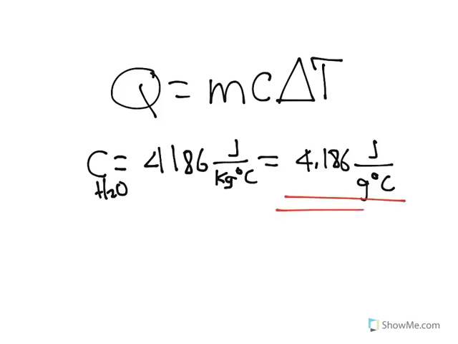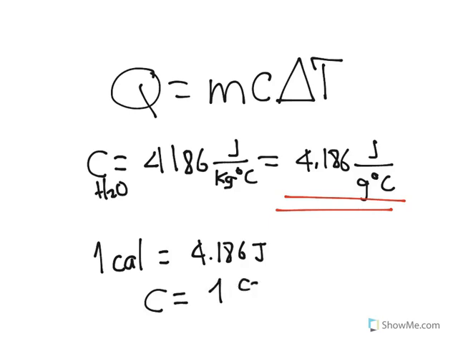And this might look familiar because that is actually how the calorie is defined: 1 calorie is 4.186 joules, the amount of energy which is going to be transmitted to water. So the heat capacity is also 1 calorie per gram degree Celsius.